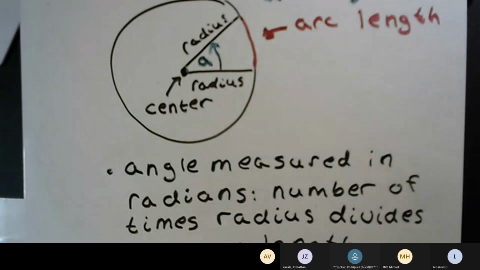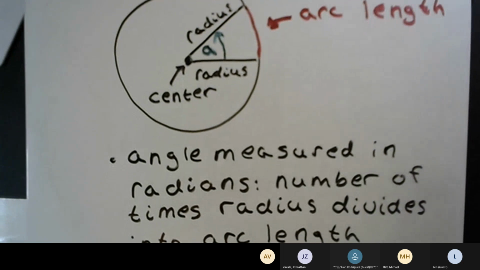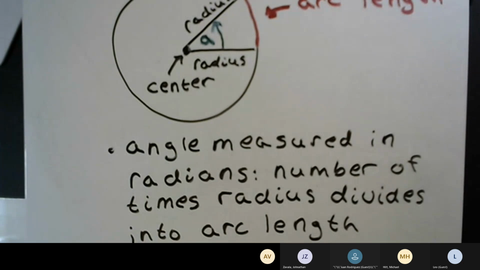So that's what it means for something to be measured in radians. Questions about that? I'm sorry, I'm not sure you can see that. But it's the number of times the radius divides into the arc length. So what that's going to mean is something like this. Let's say we have a different angle.